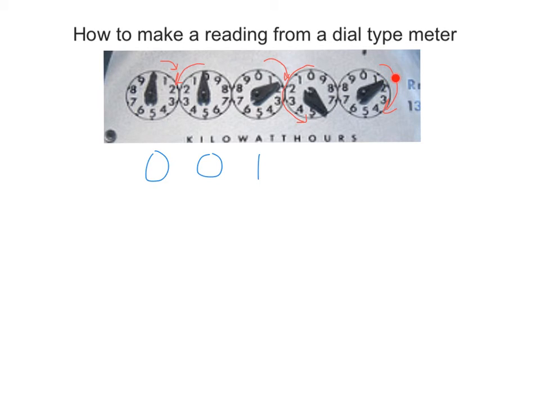So that's telling me that I'm probably just a little bit past the 6. So it actually is probably a 6 there, and then this is a 1. Alright, so the way we would read this is 161 kilowatt hours.